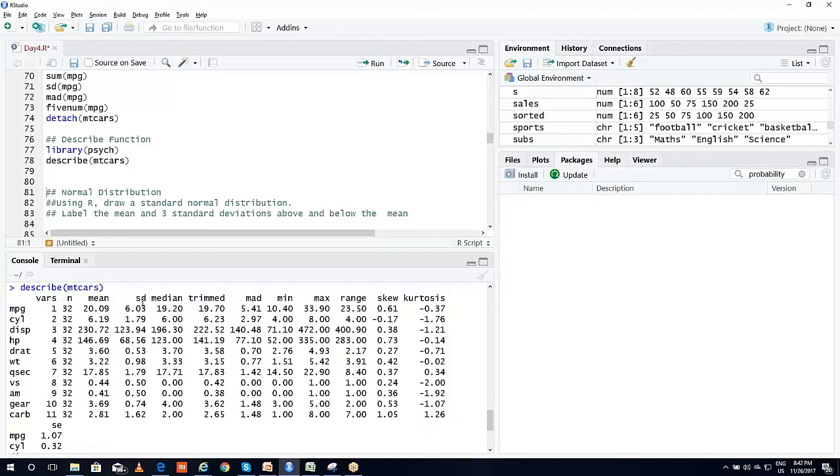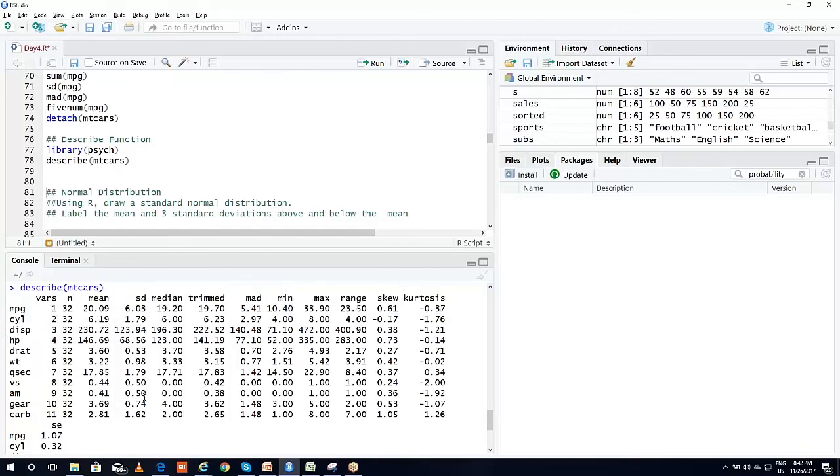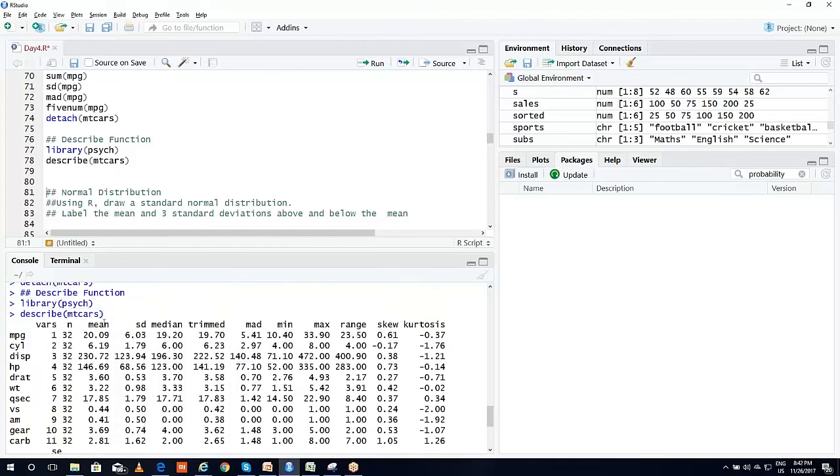For MPG, you got a mean, standard deviation, median, mean absolute deviation, minimum, maximum, range, skew. Kurtosis also you got. And something called SE. So all these things are in one shot. If you want to extract, then you use the describe function.